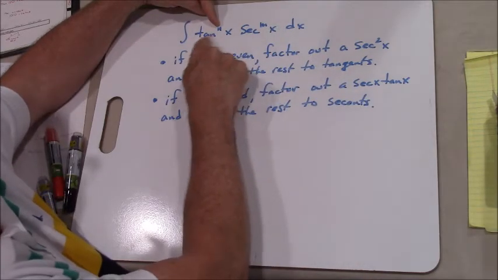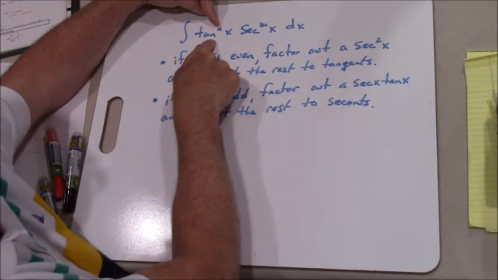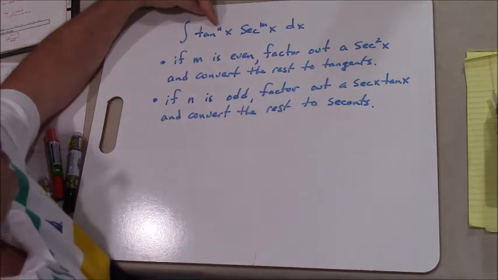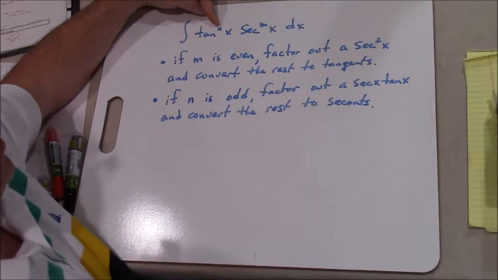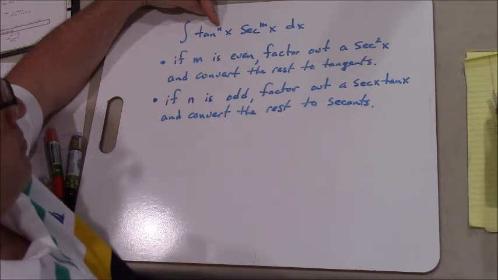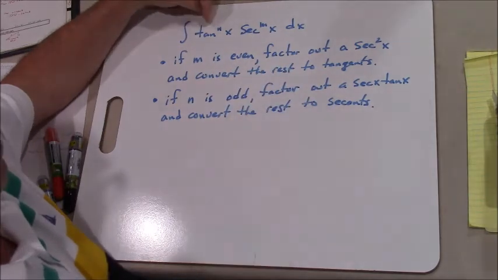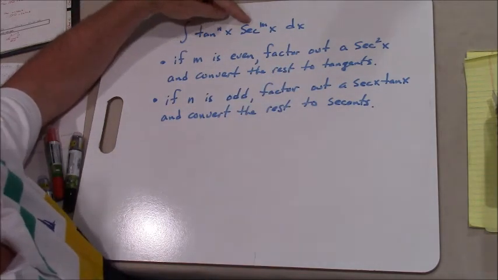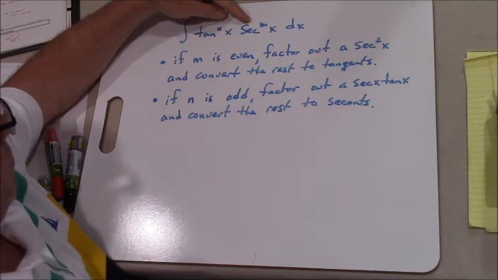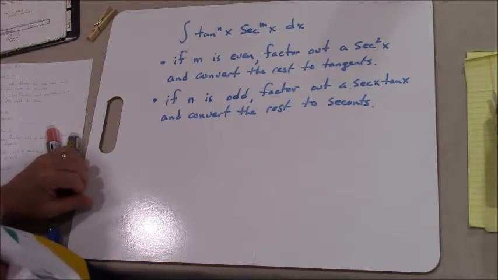So get one of each of these, factor it out, and then whatever's left here, change that to secants. If n happens to be 1 and you factor 1 out, there's nothing left to change, right? So we just wouldn't have any additional secants in there. Okay, but that's the whole goal of the two things we're doing today, is to try and create the derivative of one of these functions so we can do substitution.